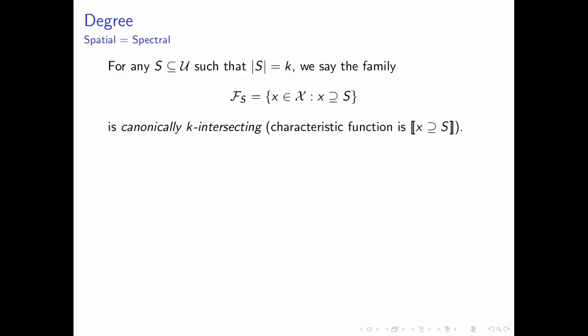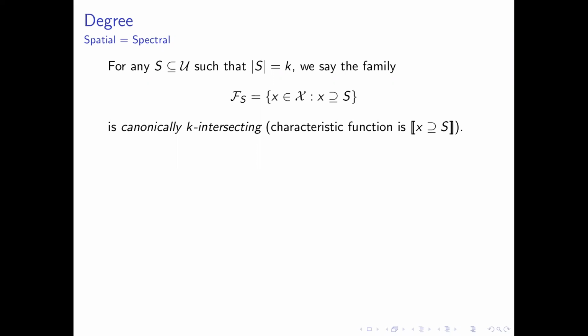are in fact equal. And so these indicator functions that we were considering earlier, if you're Erdős–Ko–Rado minded, you might have considered these to be just characteristic functions of these canonically k-intersecting families, where we look at something like a set S of size k, and we consider all the elements in our domain that contain that set S. Karen and Chris came up with a canonical terminology for this, since there are a lot of terms floating around in the literature.